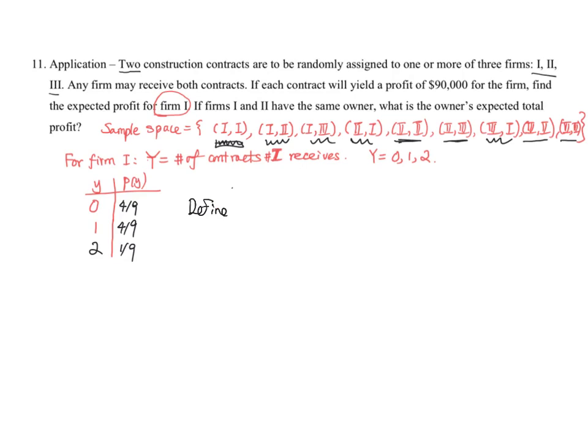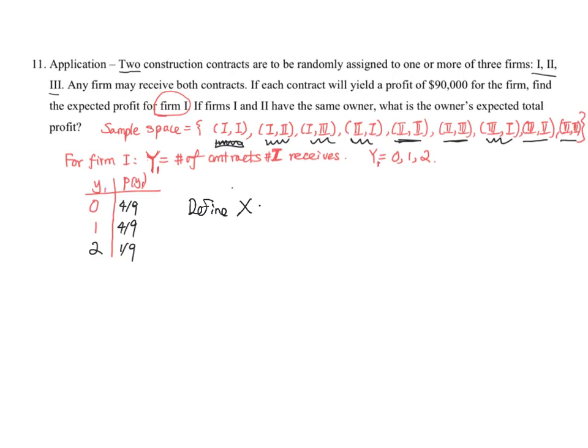Let's call it X. How about I add another subscript? Let's say Y1 means the contracts firm number 1 receives. So this is what we are trying to do, right?